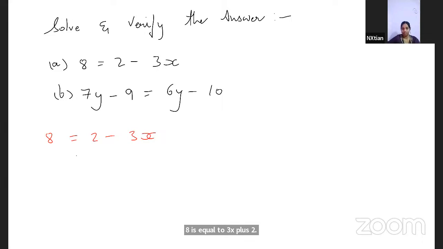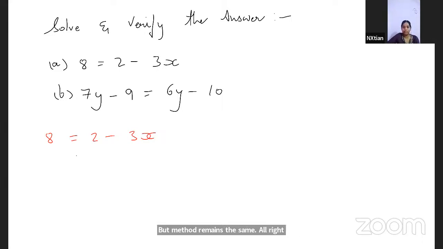We can say 3x plus 8 equals 2. Yes, because there is a confusion. Okay, see, in this equation they have just reversed its form, okay? But the method remains the same, all right?